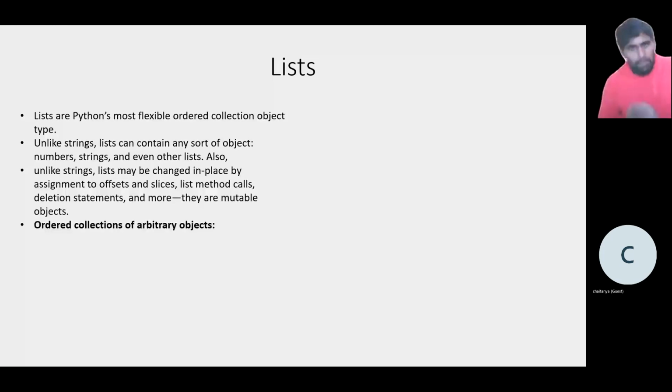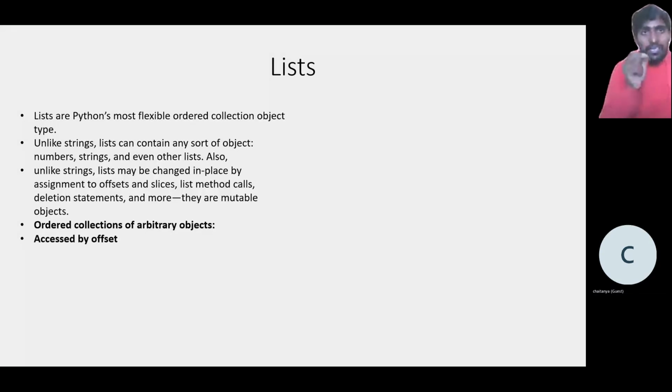Now, some specific properties we have discussed. Ordered collection of arbitrary objects means in a list you can put everything. Everything means everything. Whatever objects are available in Python, you can put everything. It is also an ordered collection, and we can access by offset. You know offset. Offset is nothing but indexing.